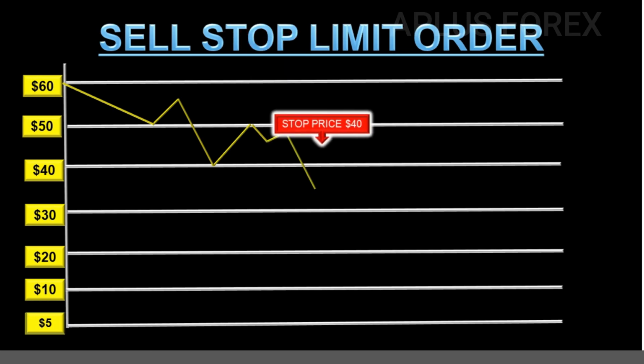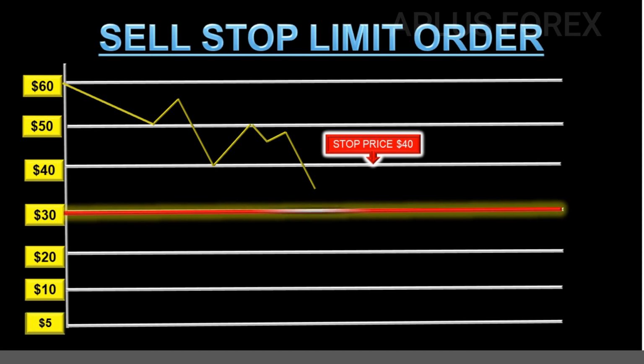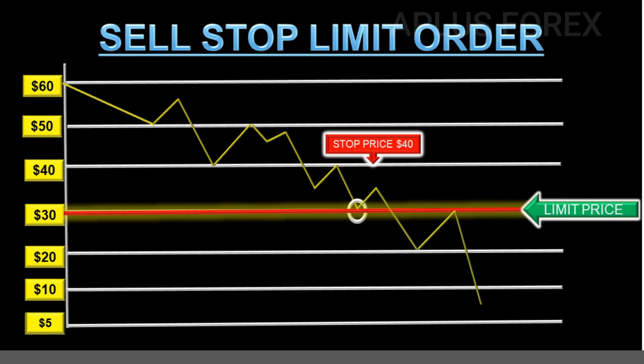We put a stop price at $40 because when it hits $40, that's when we can confirm the downtrend will continue. So we don't actually want to sell for $40. We put our limit price at around $30, which is a better price to sell when the market comes to the $30 mark price. Our trade is executed. A time frame for when the stop limit order is considered executable must also be specified.